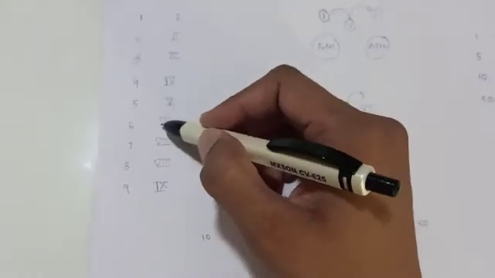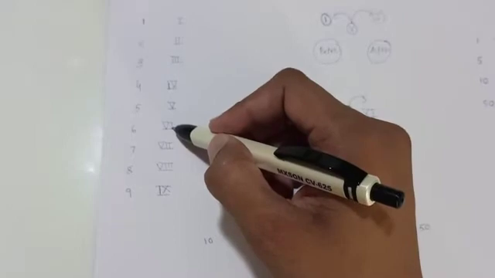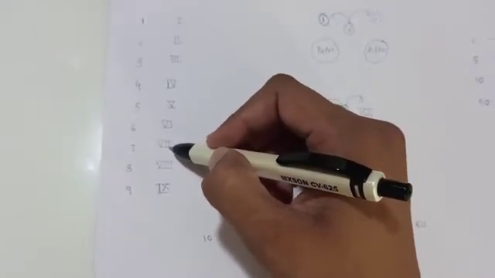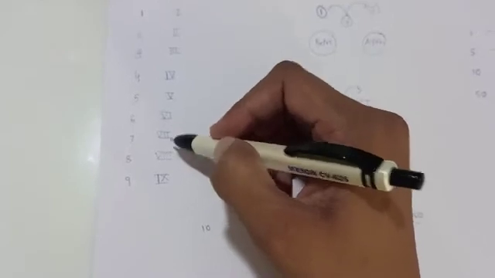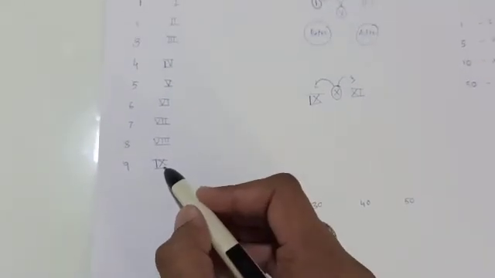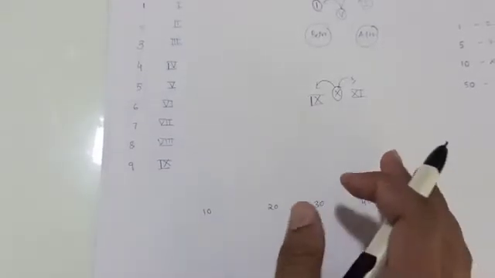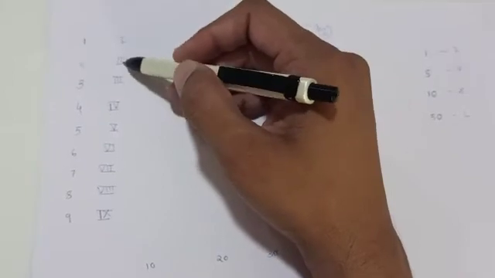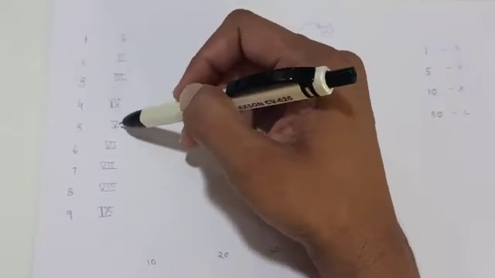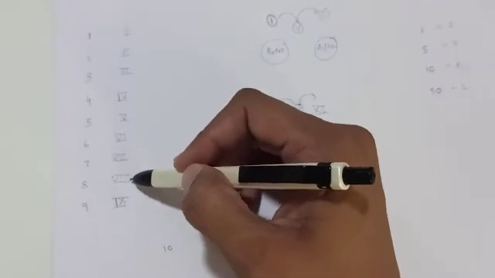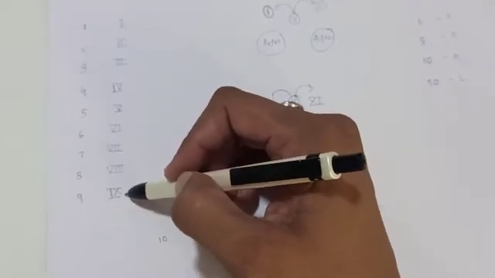And after 5 is 6, so VI, I means 5 plus 1, II means 5 plus 2, III means 5 plus 3, and again X is for 10 and minus 1 is 9. Yes, exactly. So these are the basics, 1 to 10: I, II, III, IV, V, VI, VII, VIII, and IX.